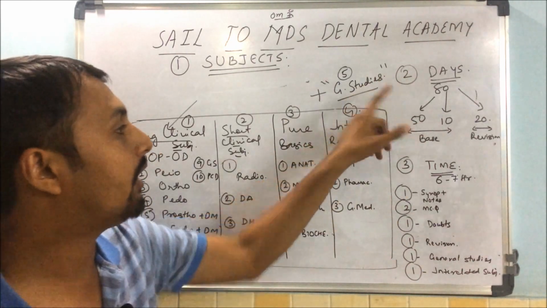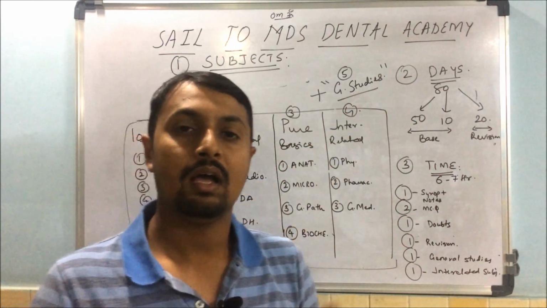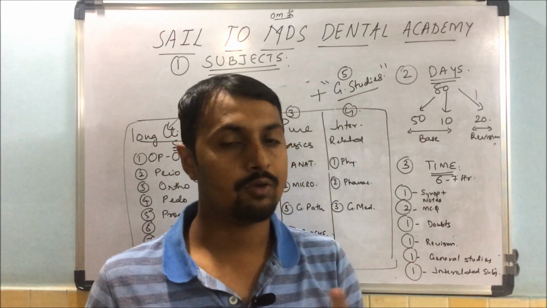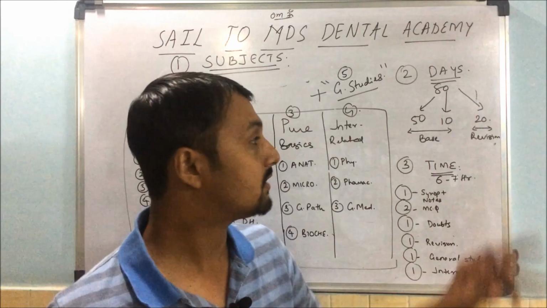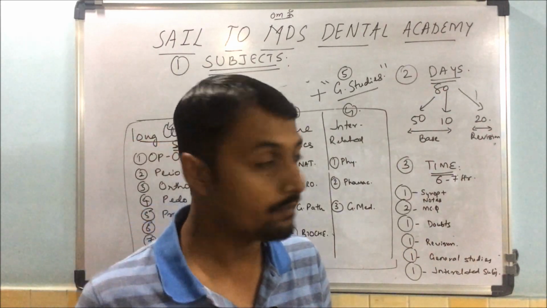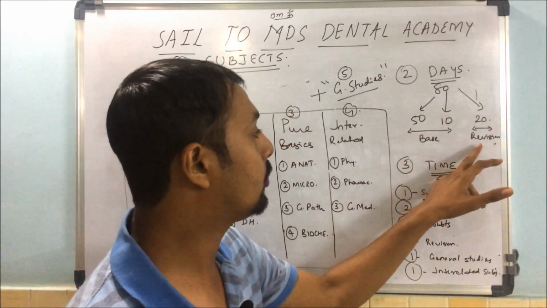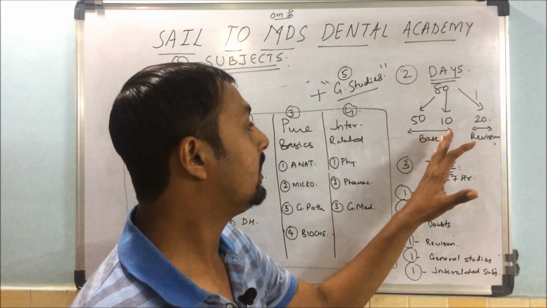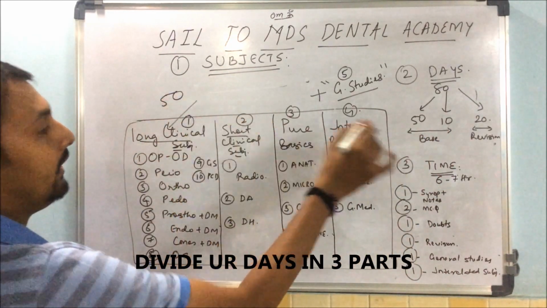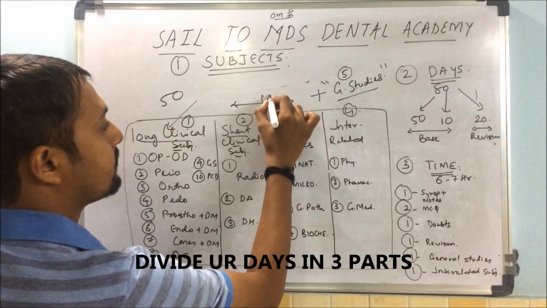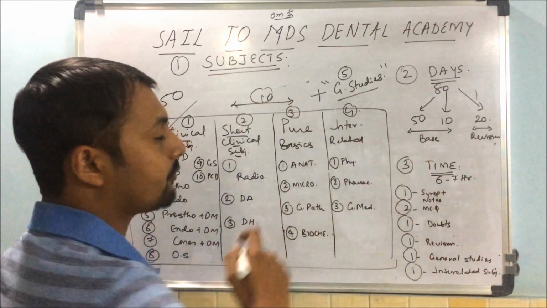Then second, we'll divide the days. If you are watching this video today, we have around 90-95 days, but 10 days will be minus, and we have 80 days. Of these 80 days we'll divide in 3 parts: 50 days for the long clinical subjects, 10 days for these 2 categories of subjects, and 20 days for your revision.